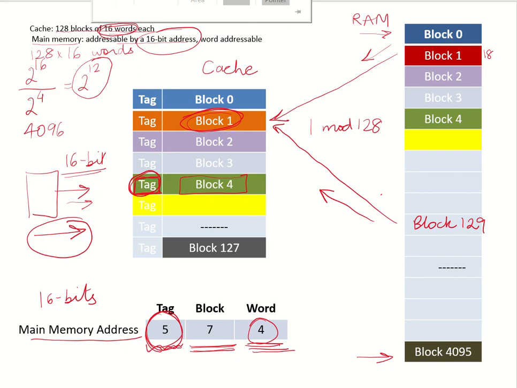This can be determined by checking the tag bits, because the tag bits of the addresses in block 1 would be different from the tag bits of addresses in block 129. So just by checking the tag bits, the processor would be able to know whether block 1 or block 129 is present in the cache.